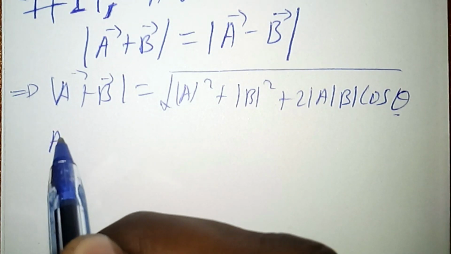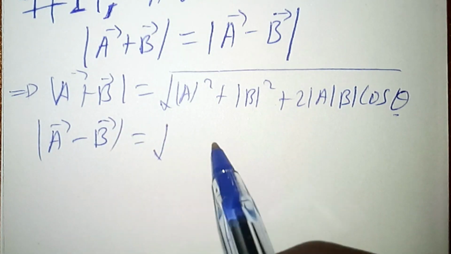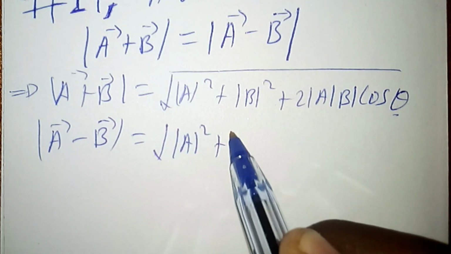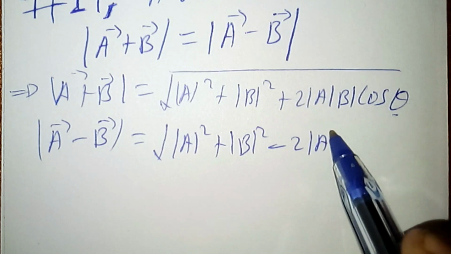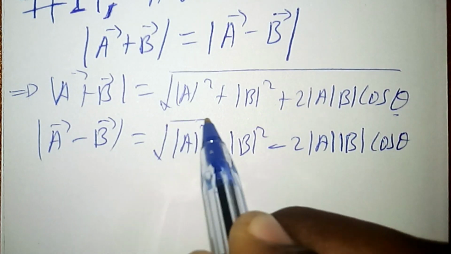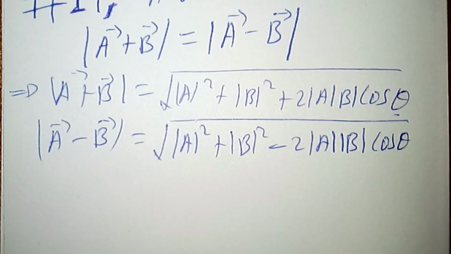And the magnitude of a minus b is equal to the radical of the magnitude of a squared plus the magnitude of b squared minus twice the magnitude of a and the magnitude of b times cos theta, where theta is the smaller angle between the vectors a and b.